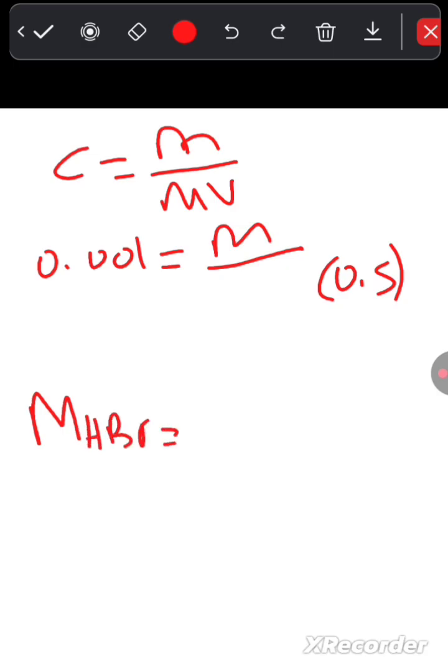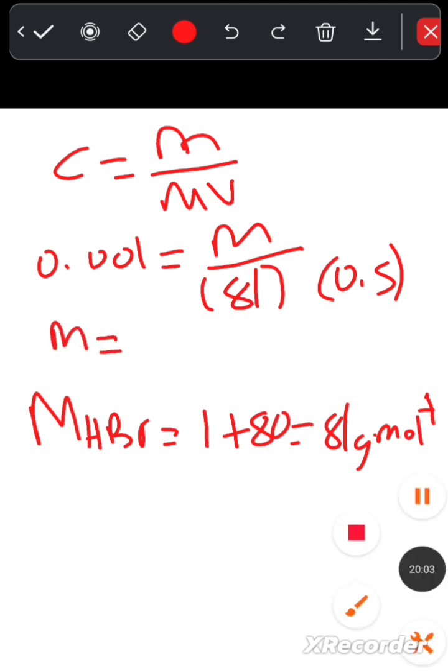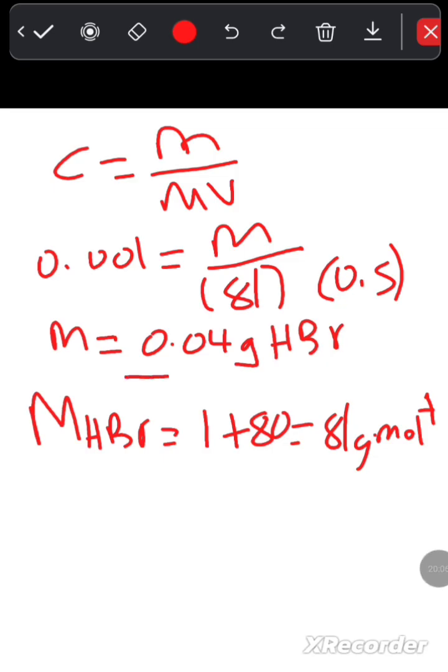The molar mass of HBr: hydrogen is 1, bromine is 80, so the molar mass is 81 grams per mole. So put 81 here. Now to get the mass, you just simply cross multiply, and then this is what we get for HBr.